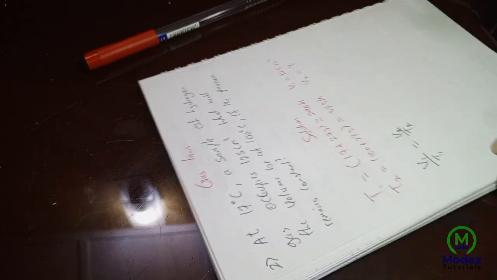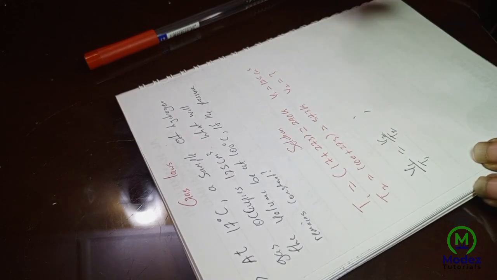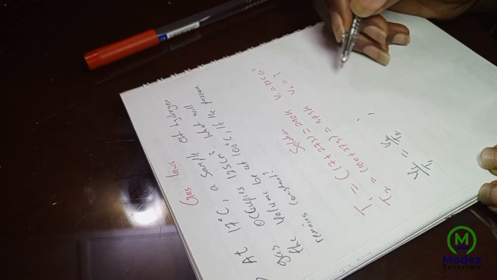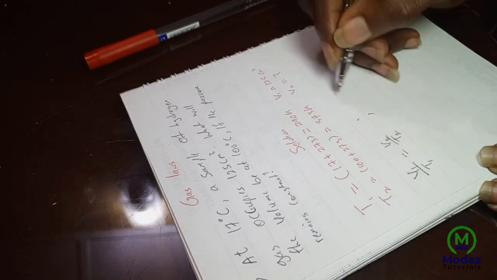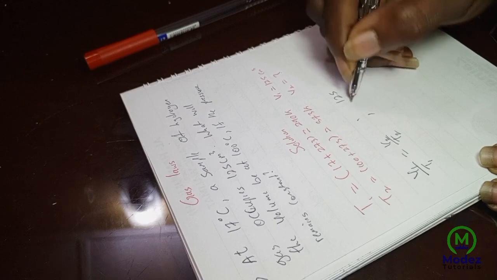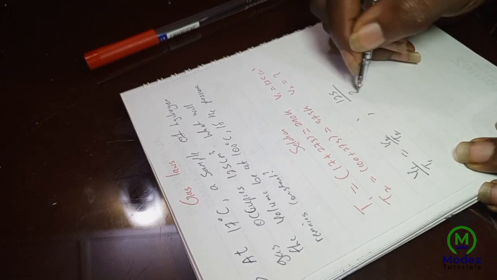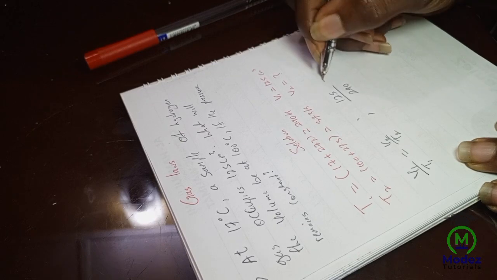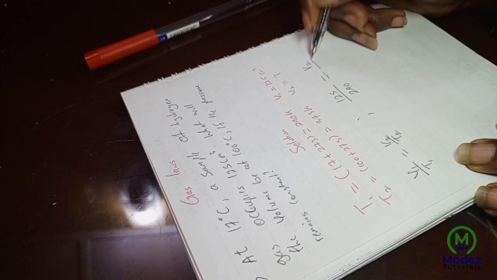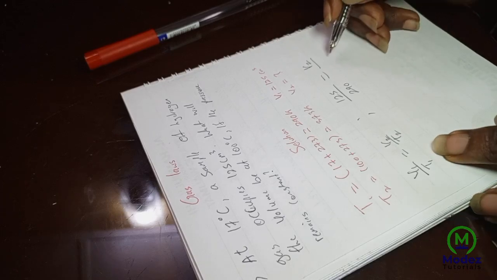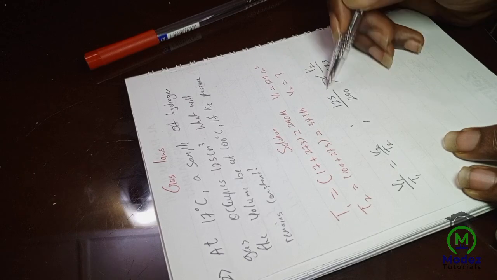I said I won't be making the subject of the formula, so I'll just go straight into fixing everything in. We have V1 to be 125 cm³ over T1, which is 290 Kelvin, equal to V2 over T2, which is 373. Here what you just do is cross multiply.